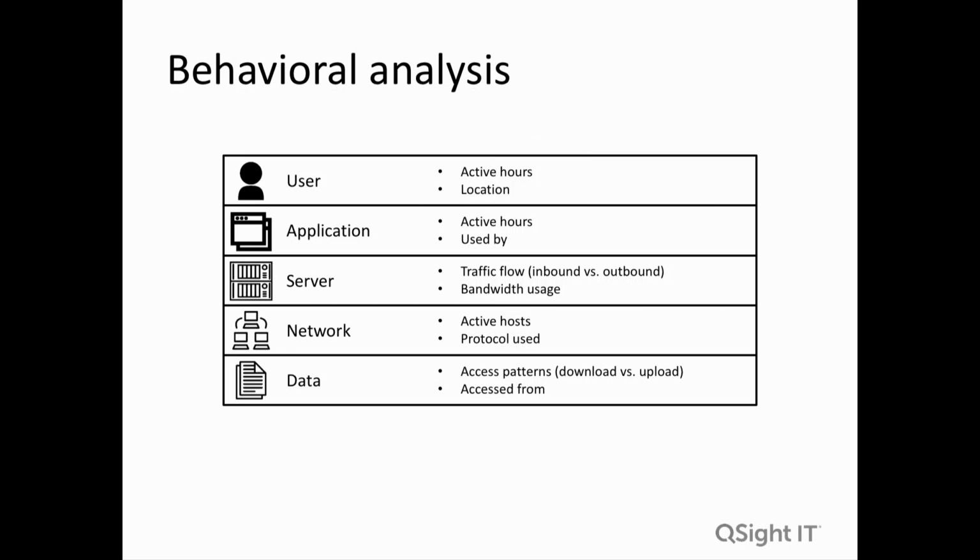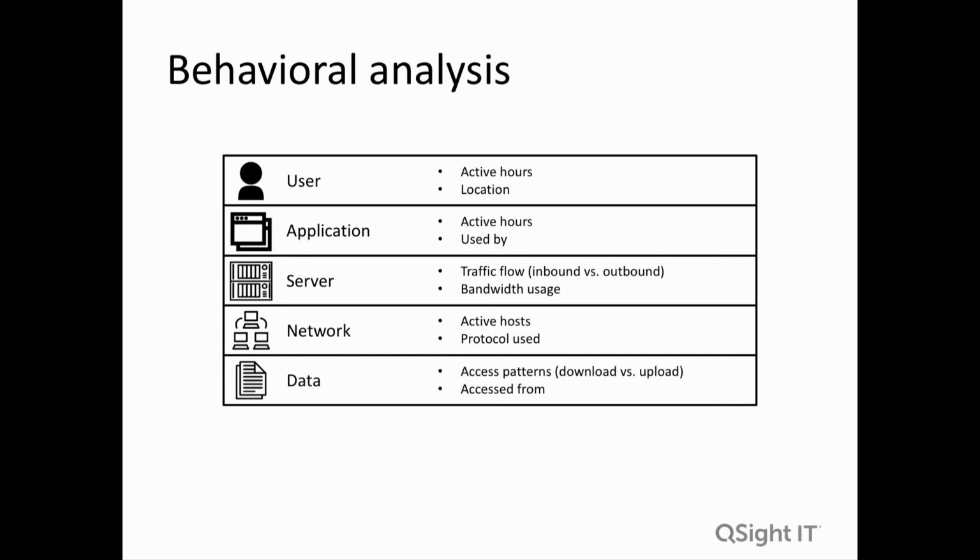If we talk about behavioral analysis, we looked at a couple of entities that you can find in every customer network infrastructure. What we see here on the left is what we call the entities: user, application, server, network, and data. Within each entity, we want to define a couple of profiles.